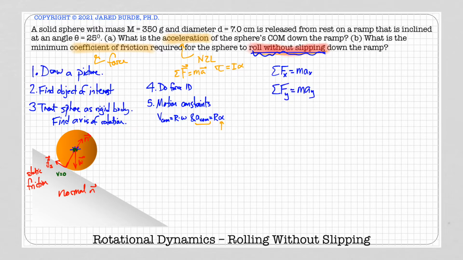If we lay out our axes like this, as we often do, then the center of mass of the sphere should accelerate down the ramp as the sphere rolls down the ramp. And so our acceleration in the y direction should be 0. The acceleration in the x direction, this is that acceleration of the center of mass that we're interested in.